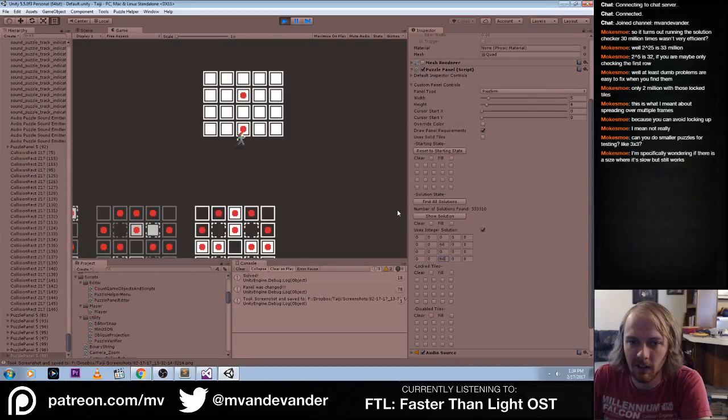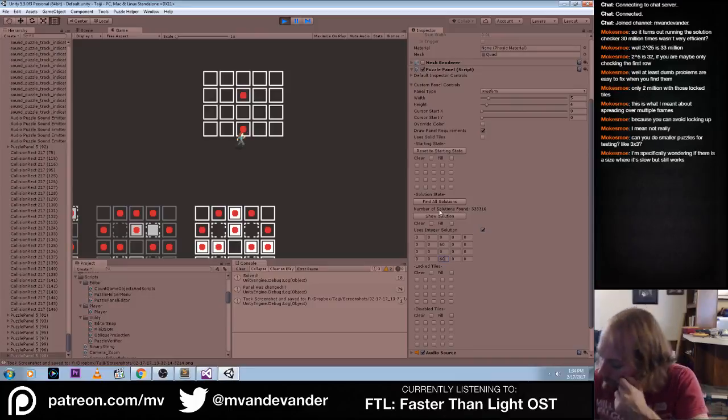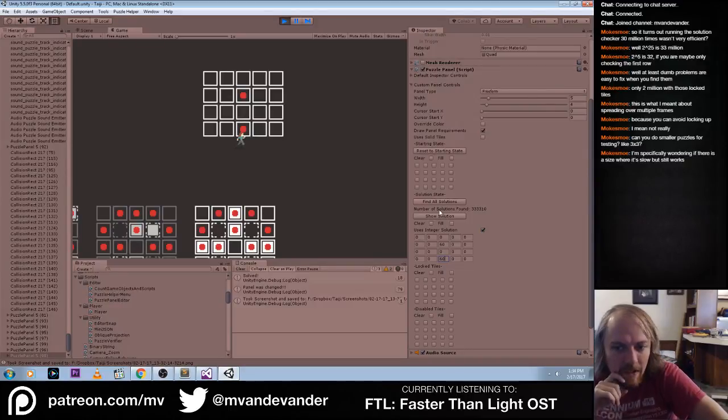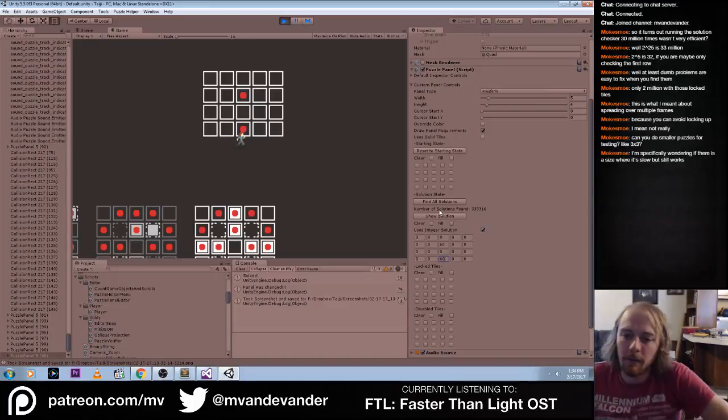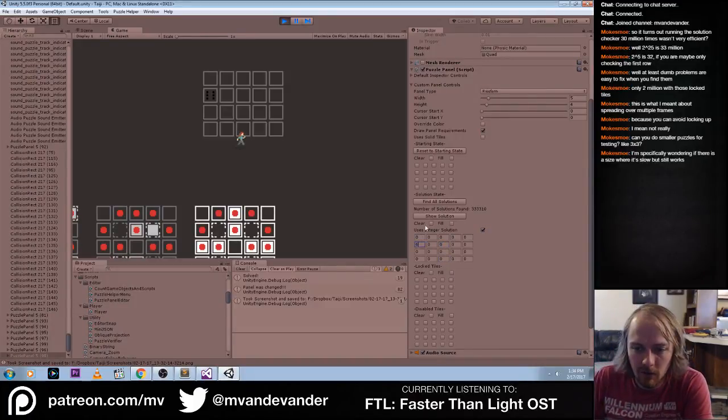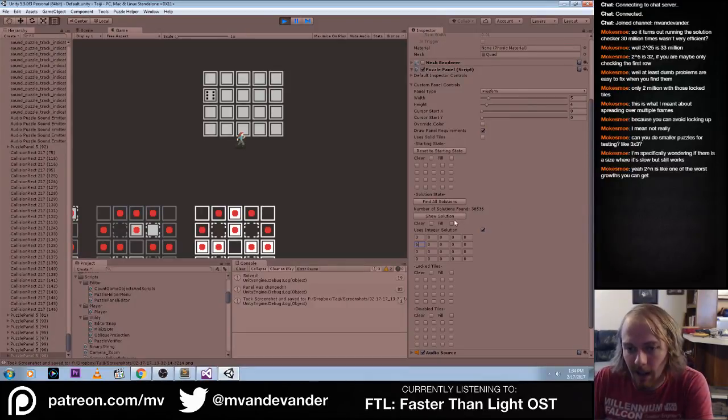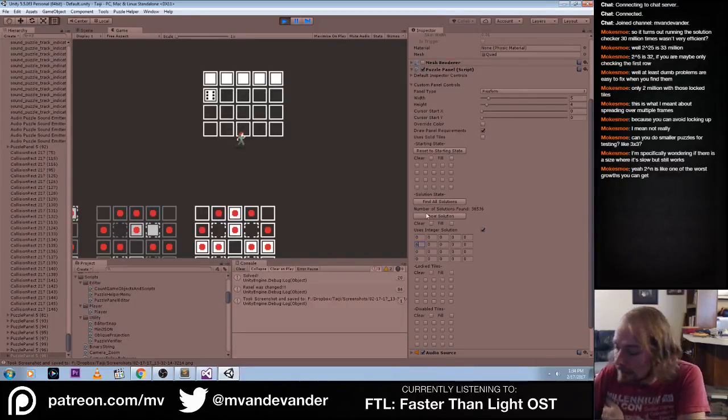Those guys in particular are really slow. So I don't really know what the problem is. It could be the number of solutions is part of the issue, so I could just try capping that to see.